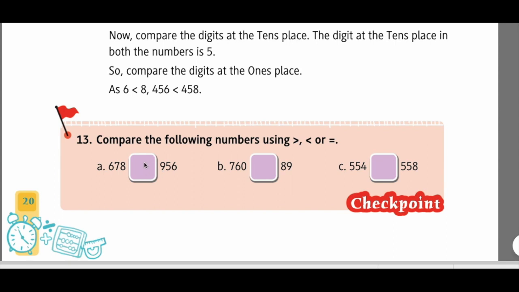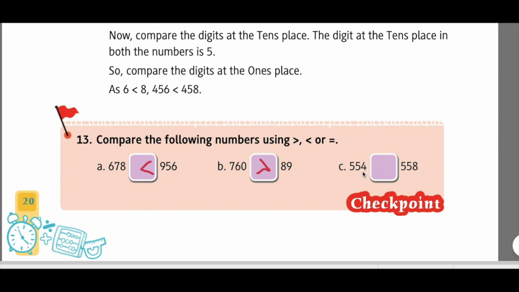So we write 678 is lesser than 956. B. 760 or 89. Here we have a 3-digit number and here a 2-digit number, so it is obvious that the 3-digit number is greater. So let us write 760 is greater than 89.